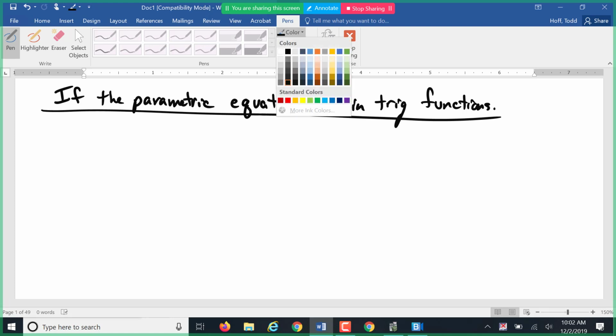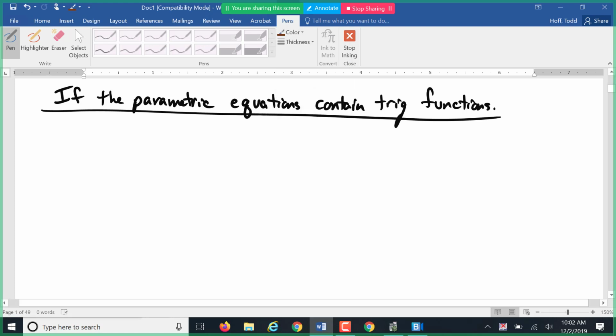The one we're going to use today, because we're not going to get real deep into the parametric equations, is sine squared theta plus cosine squared of theta equals 1.